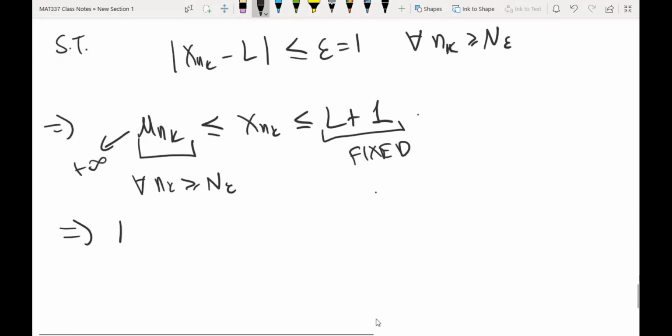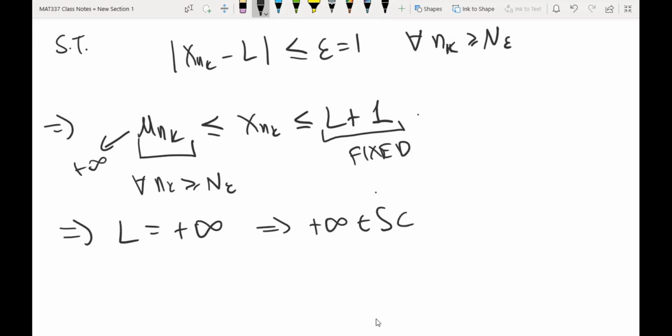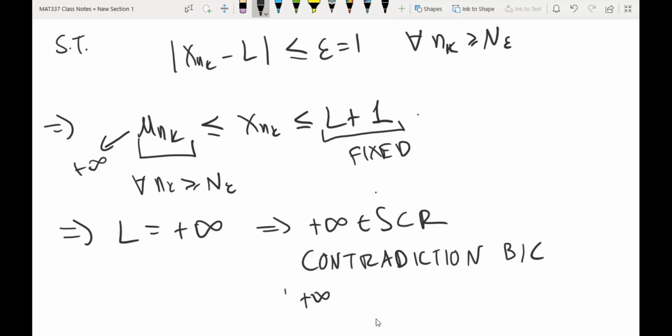So that implies that L is plus infinity, which says that plus infinity is in the set, which is a contradiction, because plus infinity is not a real number.